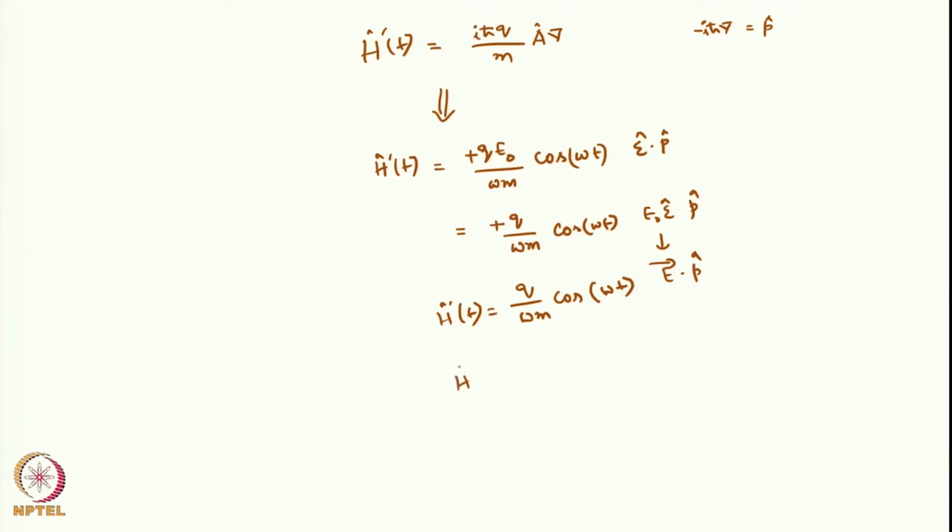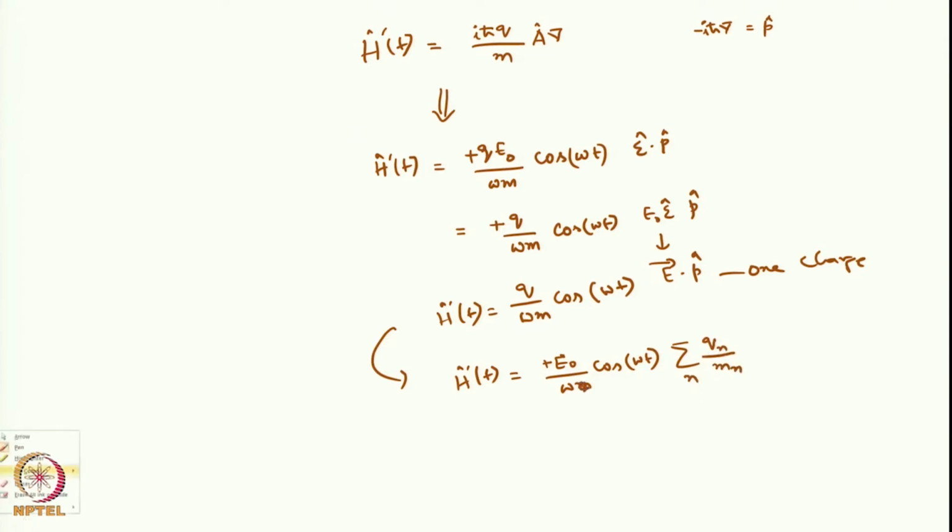So, this H prime of t is for one charge, and for a collection of charges this will turn out to be E naught by omega cos omega t, sum over n of q_n by m_n, p_n, because m is going to be different for different particles, and p is going to be the momentum of the associated particle.